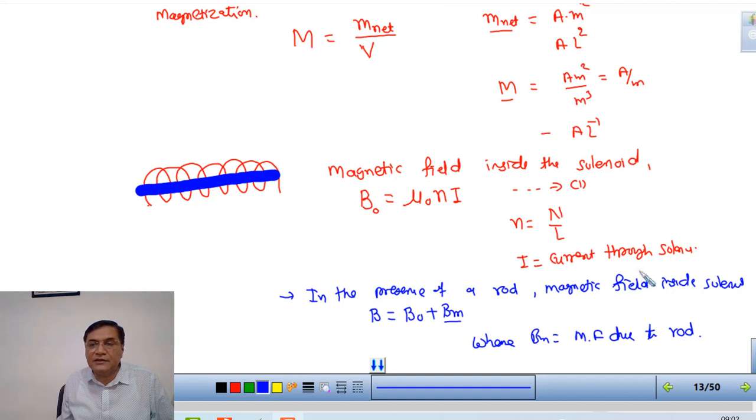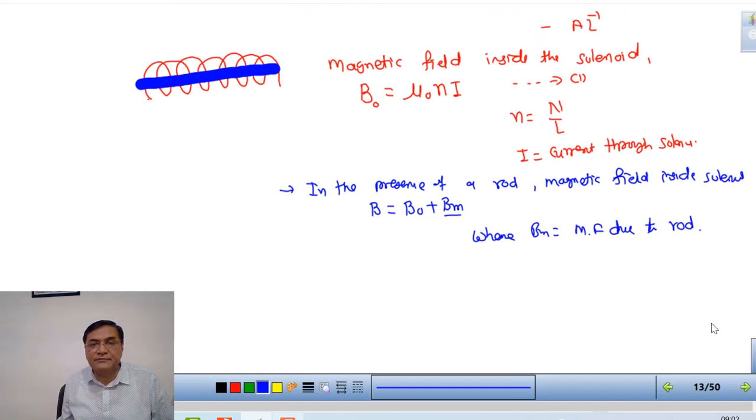And how are M and B related? M is the magnetization and B is the magnetic field. Remember, M is the magnetization, the magnetic moment per unit volume, and BM is the magnetic field.